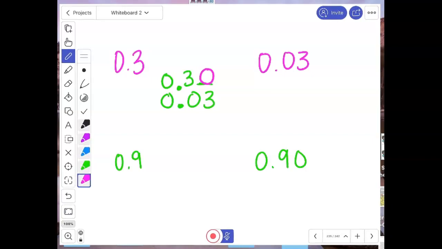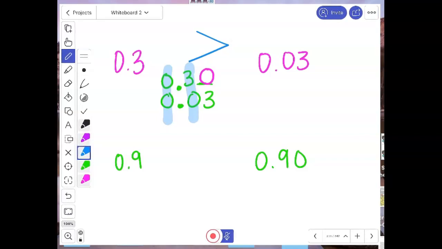Because 3 tenths and 30 hundredths are the same thing. So trailing 0 or ghost 0, but basically what I did was I made it so that every digit has something to compare to. Now I'm going to go place by place. 0 and 0 are the same. 3 is greater than 0, so 3 tenths is greater than 3 hundredths.